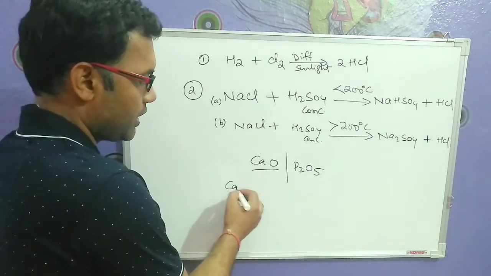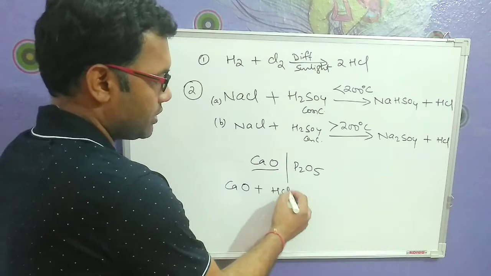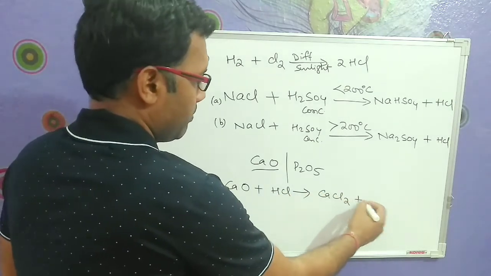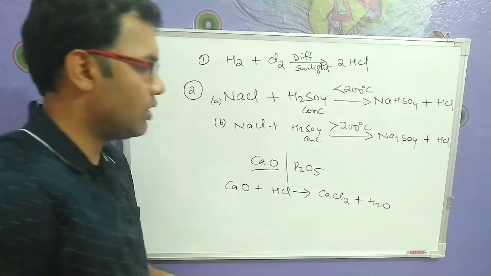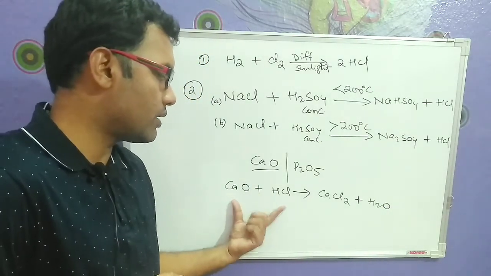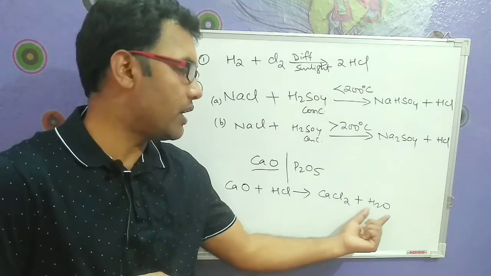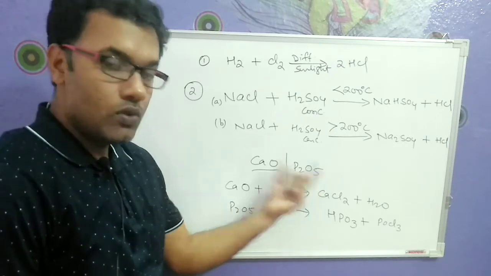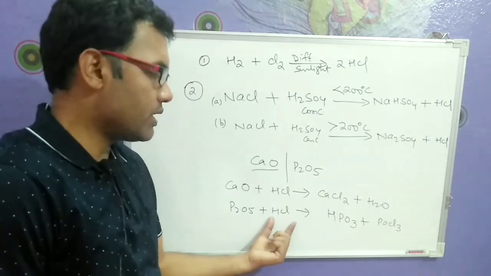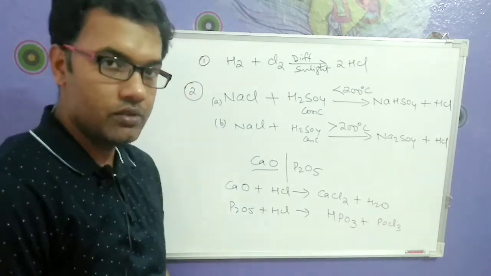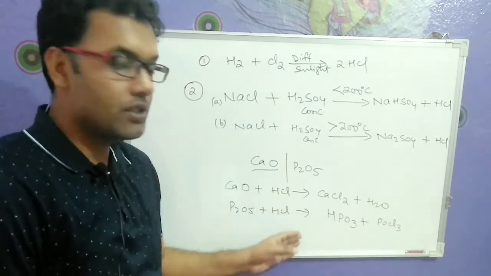First one is, if we take calcium oxide plus HCl, it forms calcium chloride plus H2O. Now you can see students, if you are using HCl, it reacts with calcium oxide and forms calcium chloride and water. We don't use P2O5 also because P2O5 plus HCl gives HPO3 plus POCl3. Okay, so we are not coming to the balancing of this.